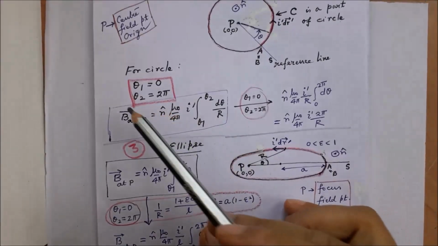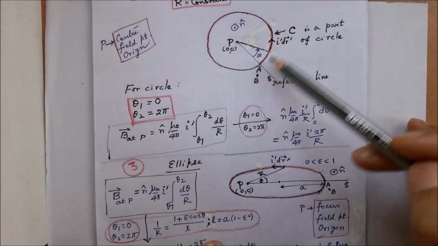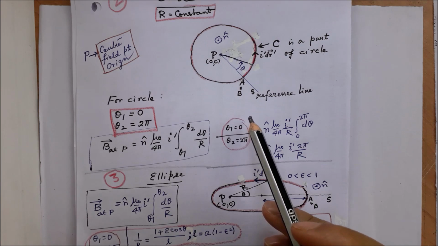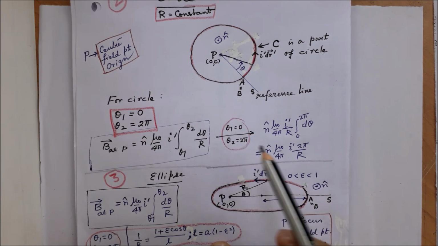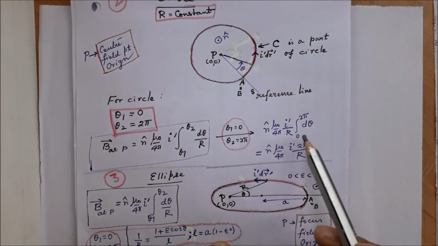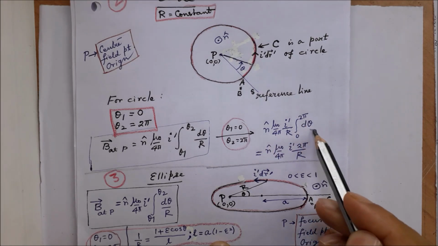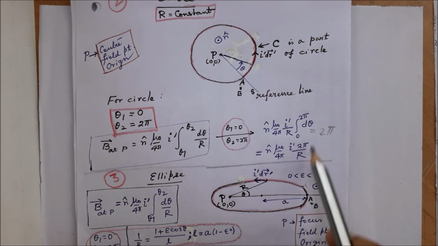So in the expression that we got for an arbitrary planar circuit, we have to substitute 0 for theta 1 and 2 pi for theta 2, and then we get this expression where we have integration from 0 to 2 pi, which turns out to be 2 pi, and therefore if we substitute it here, this is the result.